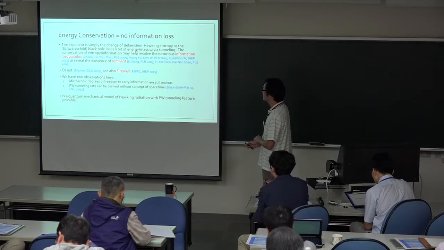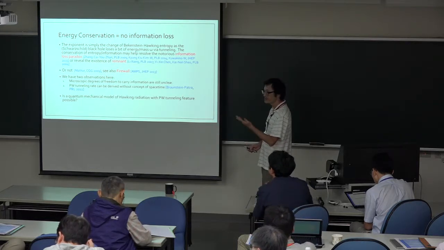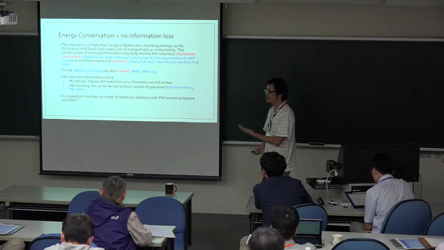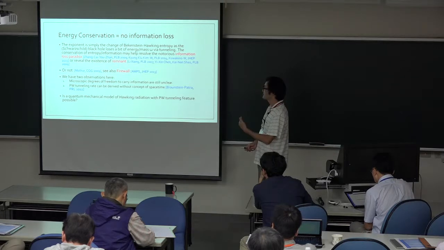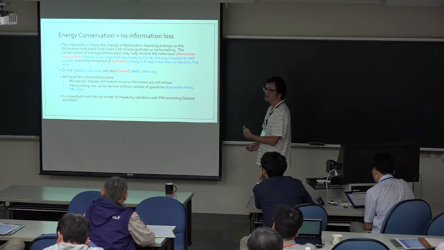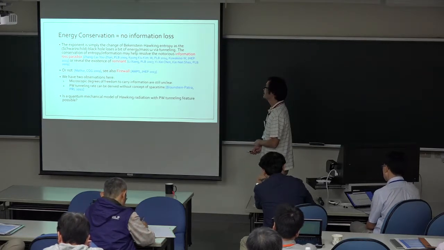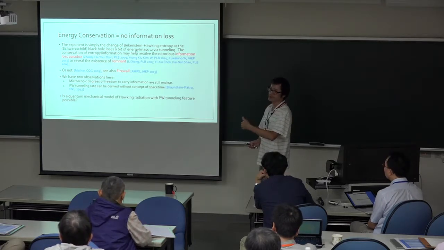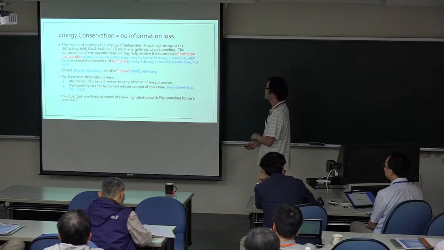And myself, with Jung Hee, we also have a paper based on this mutual information, and we argue that by optimizing the mutual information, we can show how a charged black hole radiates.